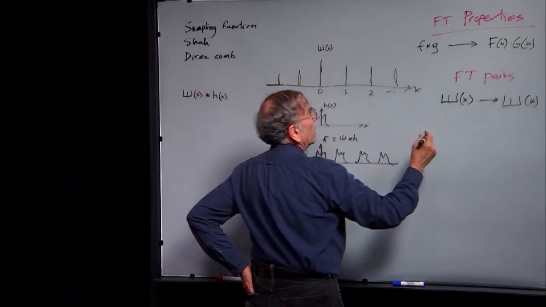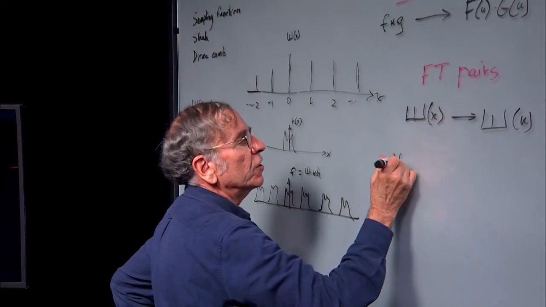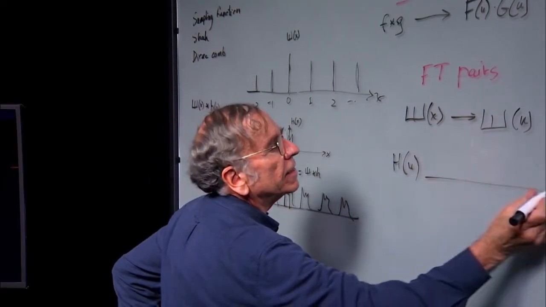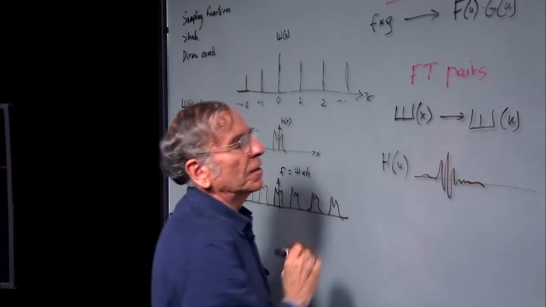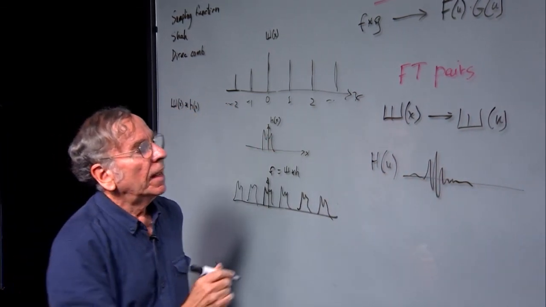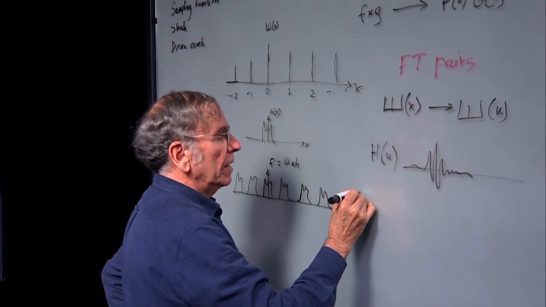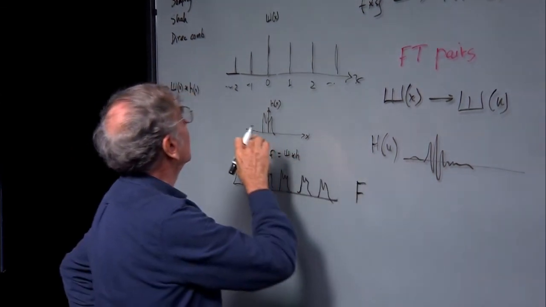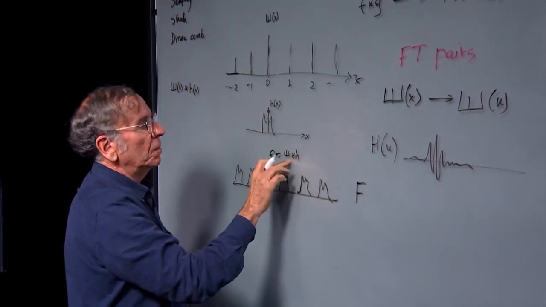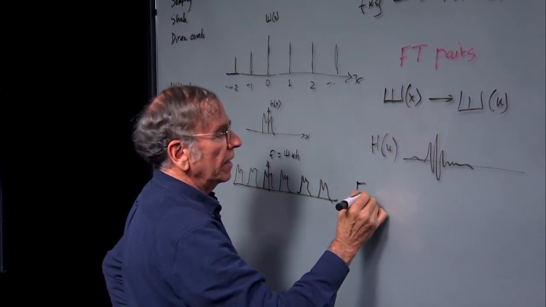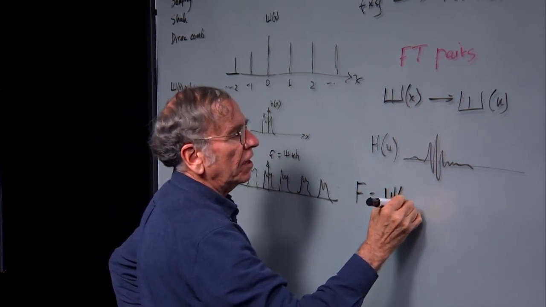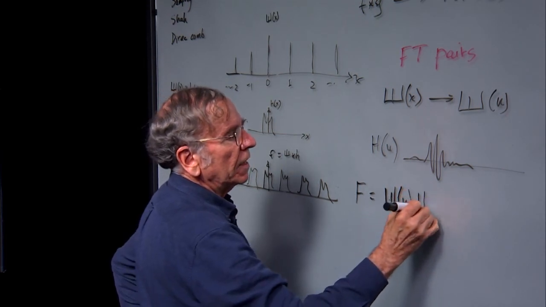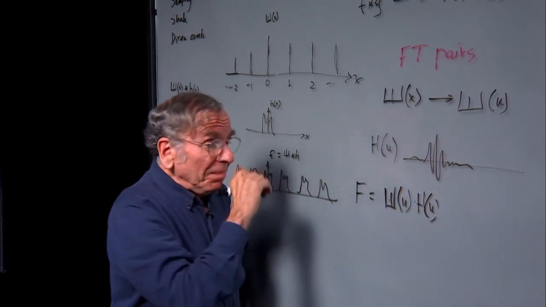Let's let h of u be some kind of function that maybe looks like that, and the convolution of Shah with h is going to look like the product of some kind of Shah function times h of u.